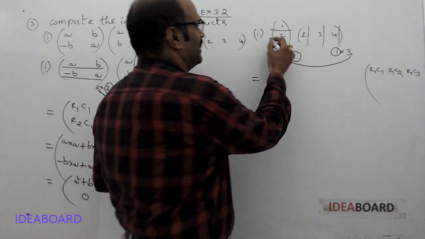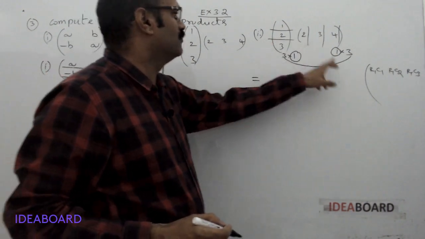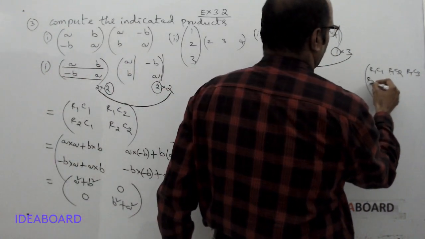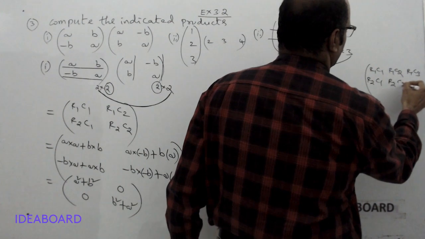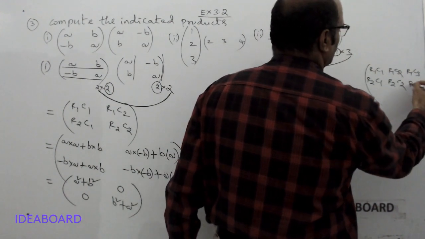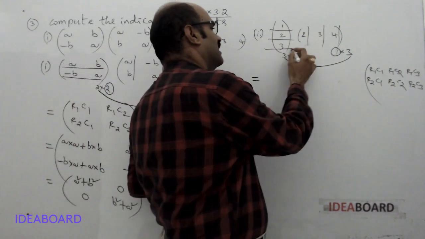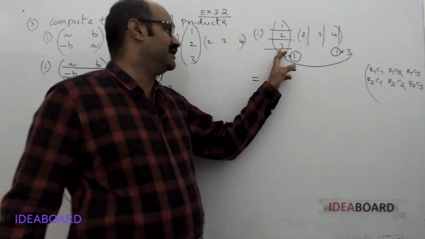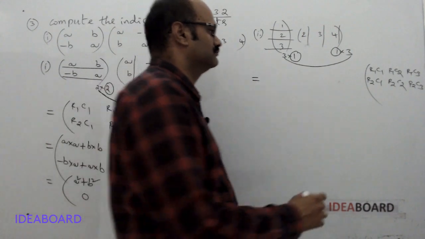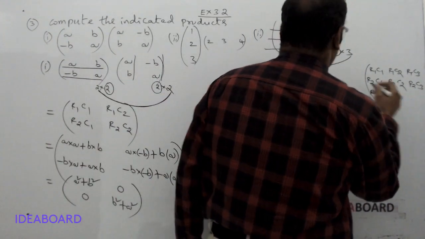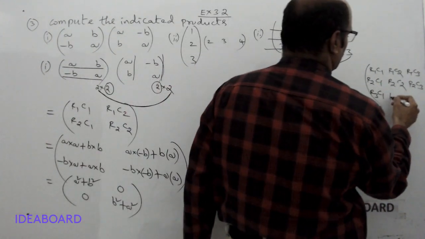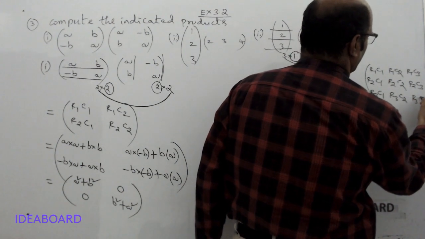Next, let me take R2 here. R2 with C1, R2 with C2, R2 C3. Next, let me take R3 here. R3 into C1, R3 into C2, R3 into C3.